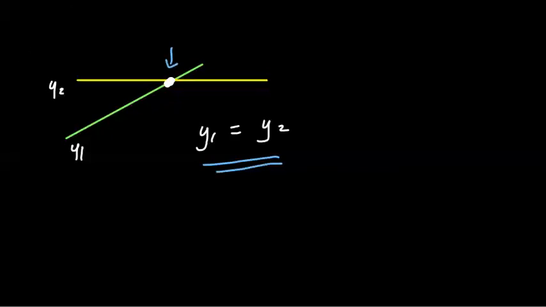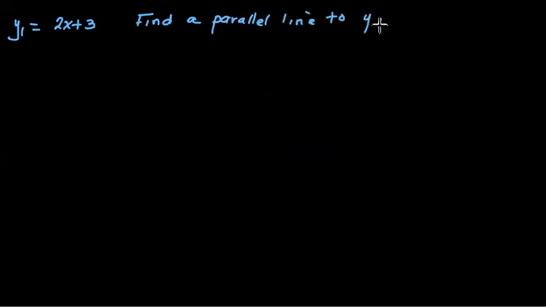So what if I have y1 being equal to 2x plus 3, and I'm asking you to find a parallel line to y1, which passes through the point 2 and -1?